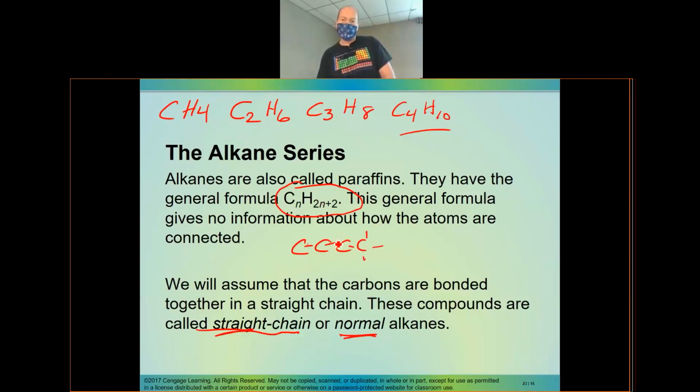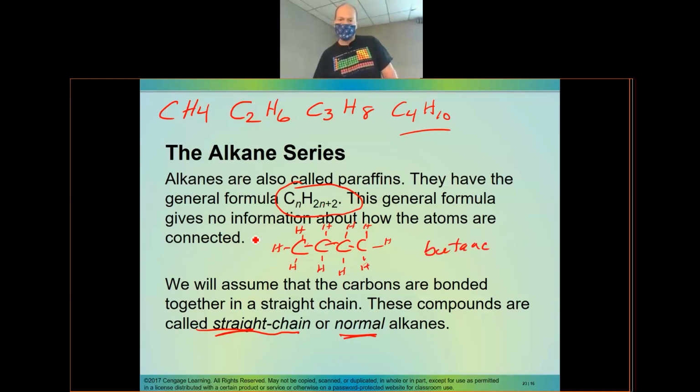Then you would know that you have to put 4 bonds to every carbon. So you put in then your 10 hydrogens. If you add up all these hydrogens I'm putting in, you will get 10 of them. And that is a butane.